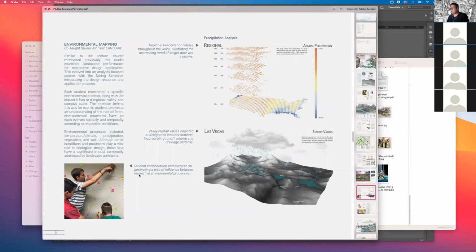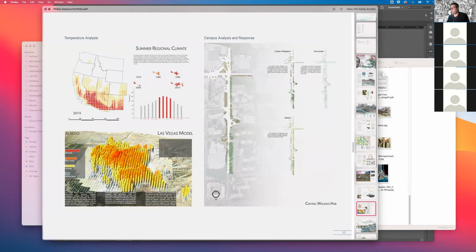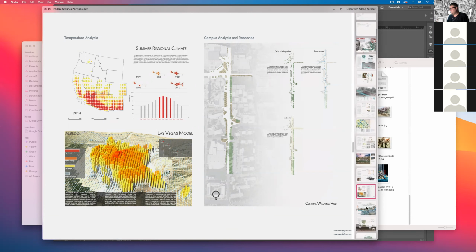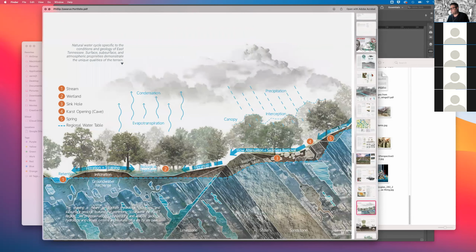So, landscape architecture is always interested in these sort of larger issues. How do we work with nature rather than against it, right? And a lot of things that we did in the 20th century seem to be working against it, even if we didn't intend that. And so now we're backing up and trying to find new ways to work with nature.